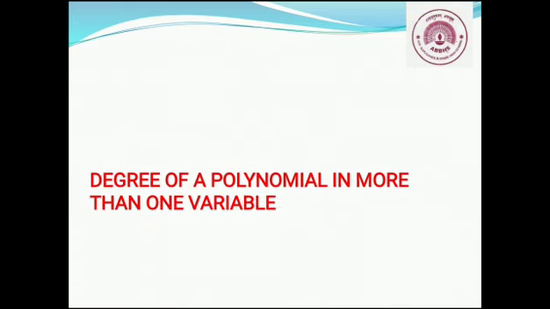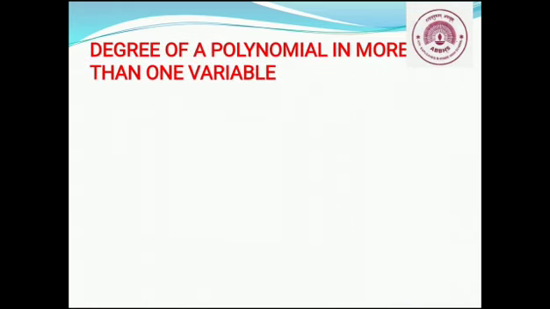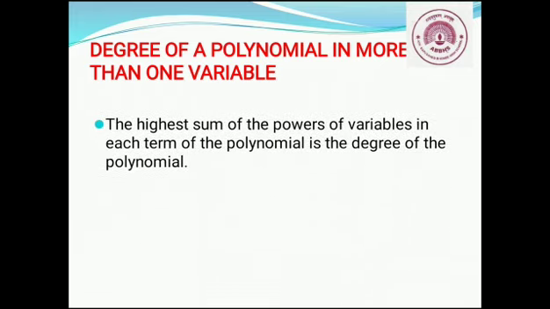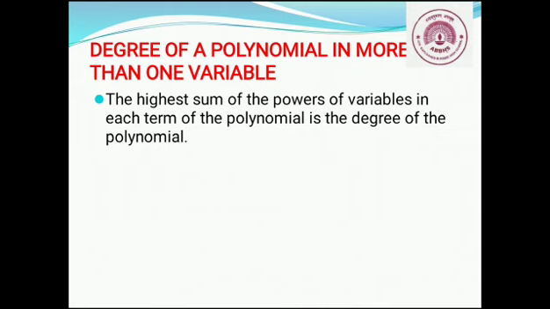Let's learn degree of a polynomial in more than one variable. The highest sum of the powers of variables in each term of the polynomial is the degree of the polynomial.